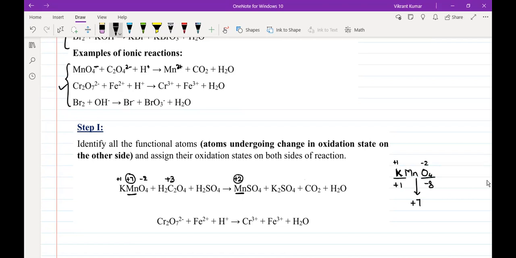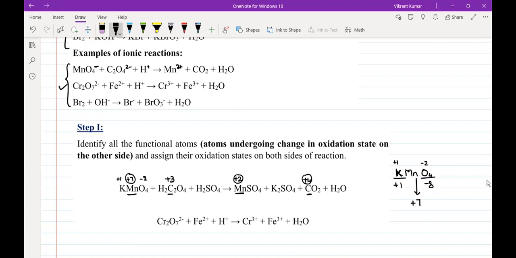So CO2, if you see, this is on the other side, C in the CO2 is in +4 oxidation state. So carbon has become the second functional atom. Now everything else is not changing its oxidation state. Every H is +1, every O is -2, sulfur is in +6 oxidation state, K is in +1 oxidation state. So they are not changing the oxidation state on the other side of the reaction.